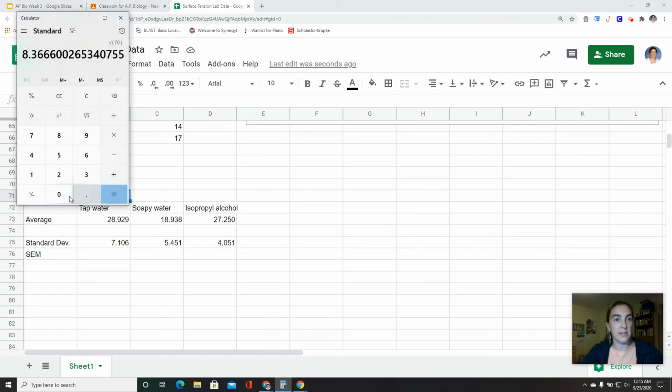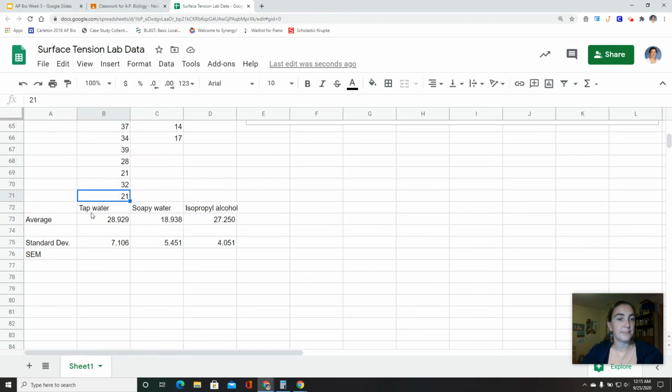So I'm going to grab my calculator. Oh, look, I think I just did this actually. So square root of 70 is about 8.37. So standard error of the mean equals our standard deviation divided by the square root of 70, which is about 8.37. So there is our standard error for that one.